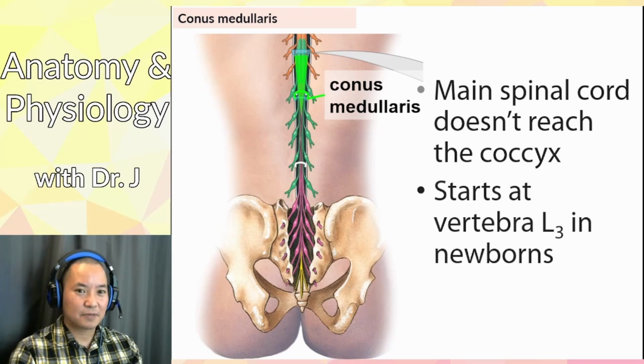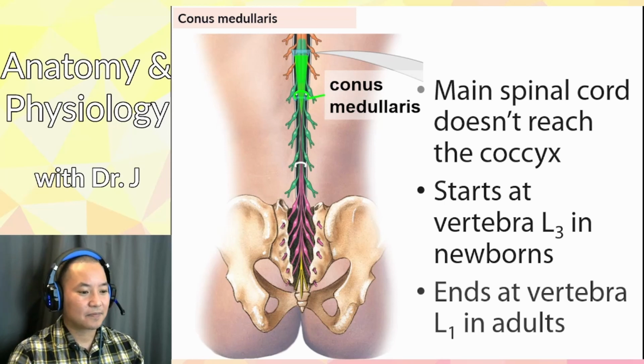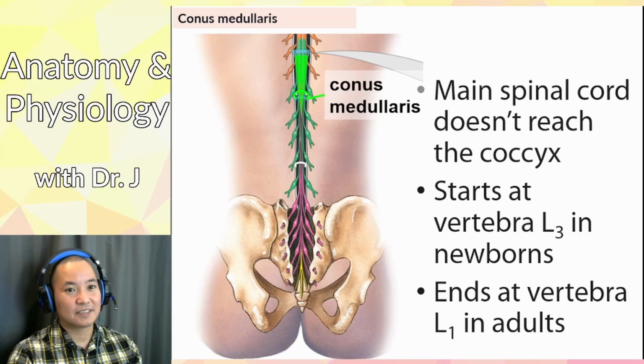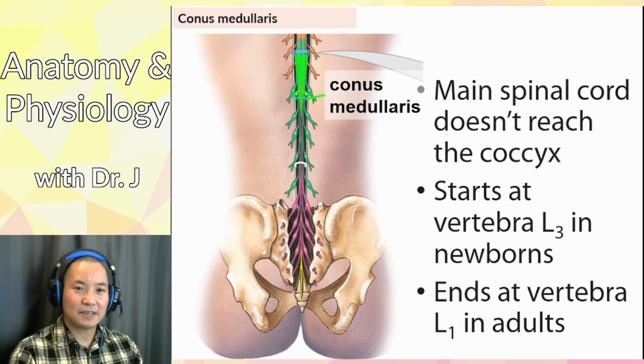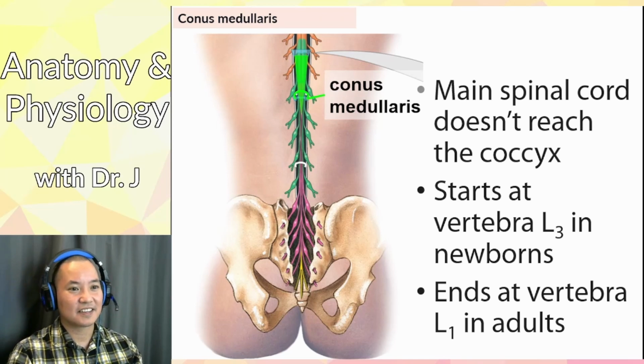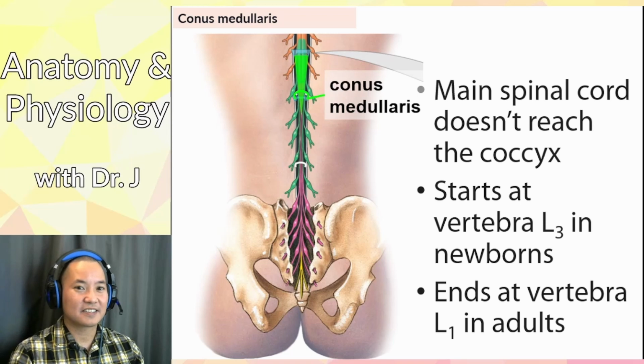When we're newborns, it actually starts off at around the same level as the L3 vertebra. But when we mature and grow in height and our vertebral column lengthens, our spinal cord doesn't catch up with that, so the spinal cord ends up rising relative to the vertebral column as it lengthens.